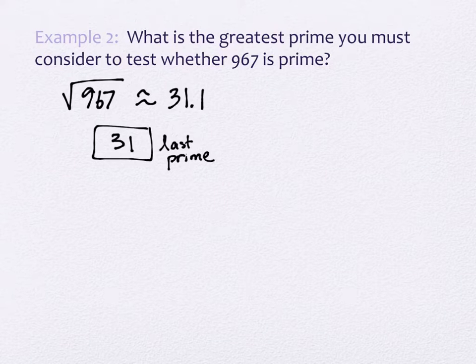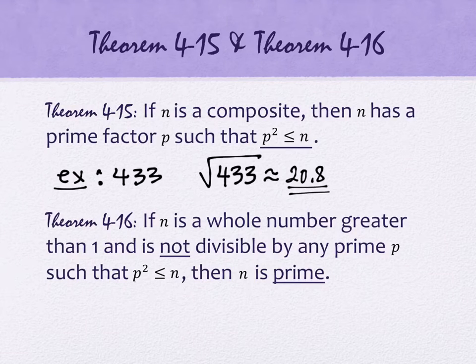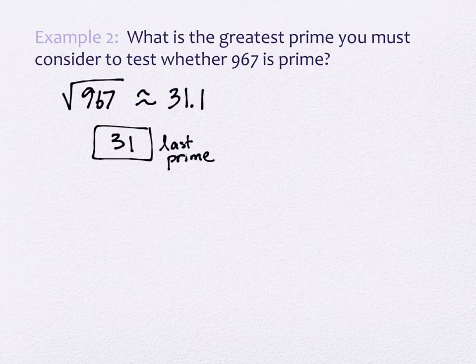If we had this same question with the number that I had over here where I had 20.8, it wouldn't be 20, right? Even though it's approximately 20, because 20 is not prime. Here we would actually have to test 19 as our last one. Is that all right? Okay. So it's not just the biggest whole number smaller. It's the biggest prime that's smaller. So on this one it would be 19. On this one it's actually 31.